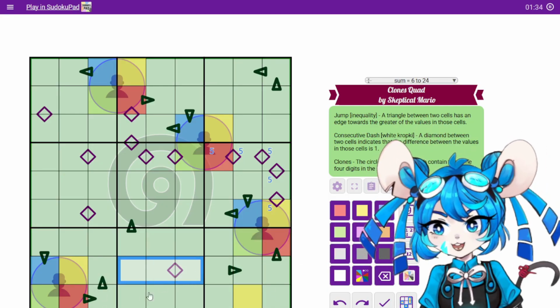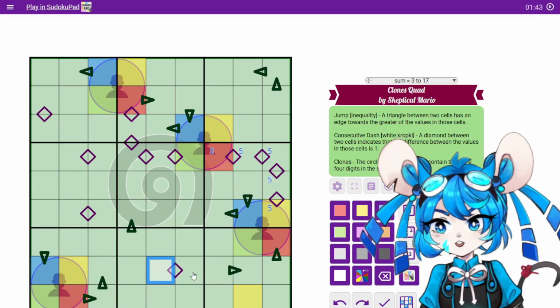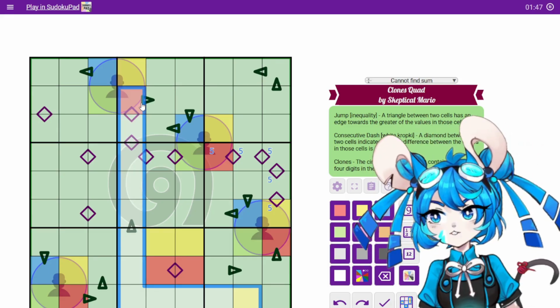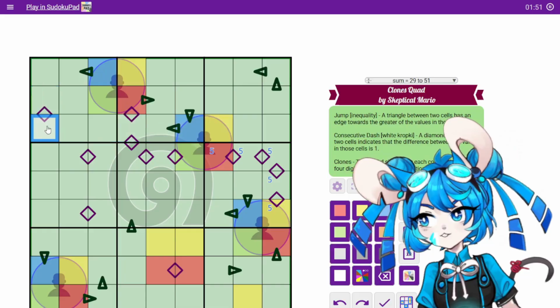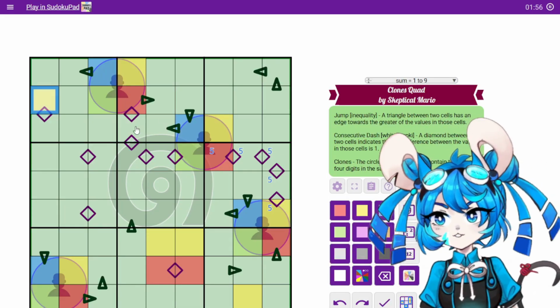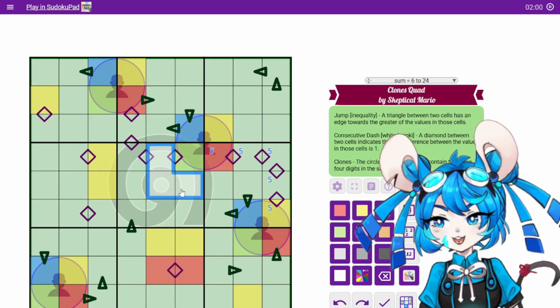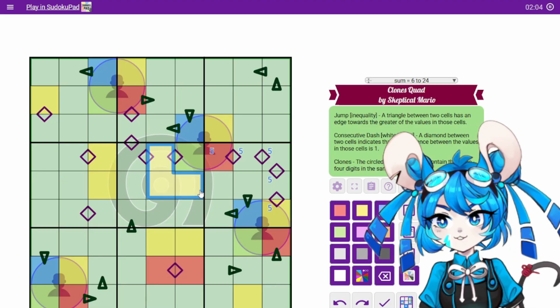They have to be 4 unique digits. There has to be a red digit here. There has to be a yellow digit here. Putting a yellow digit here, and I guess the last one would be here in one of these 3 cells.